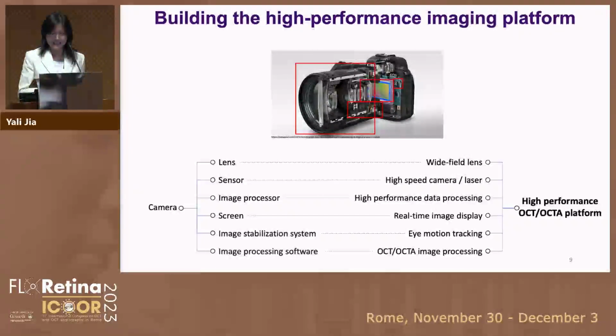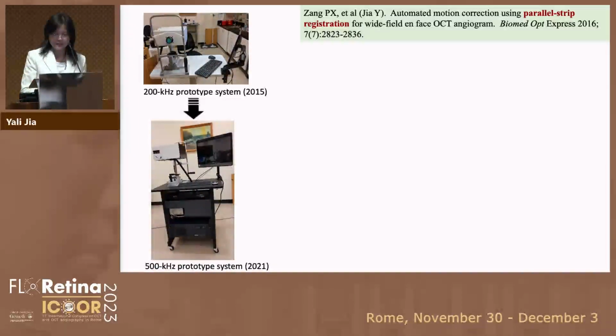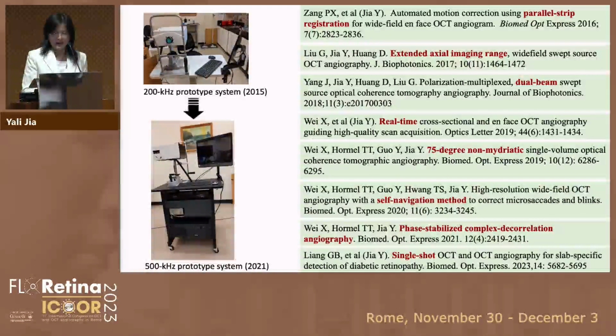I just want to share a lot of experience from 2015. We went from a 200K system to our recent 500K prototype system. Then we struggled to extend the imaging range. We used a dual beam to boost the speed.